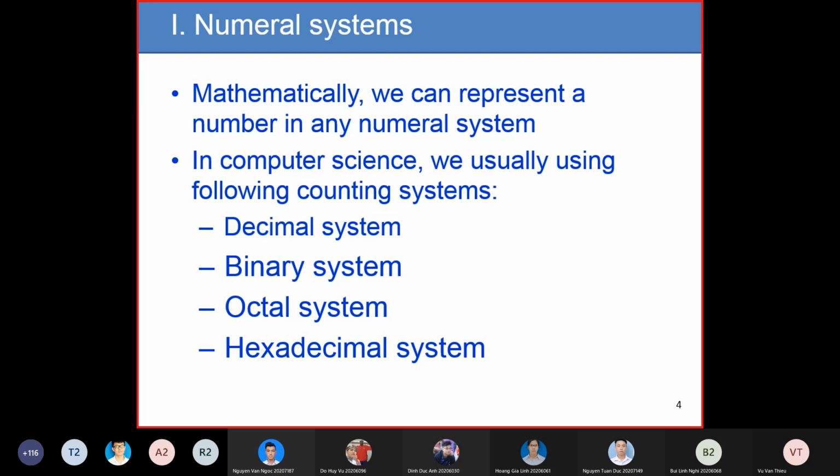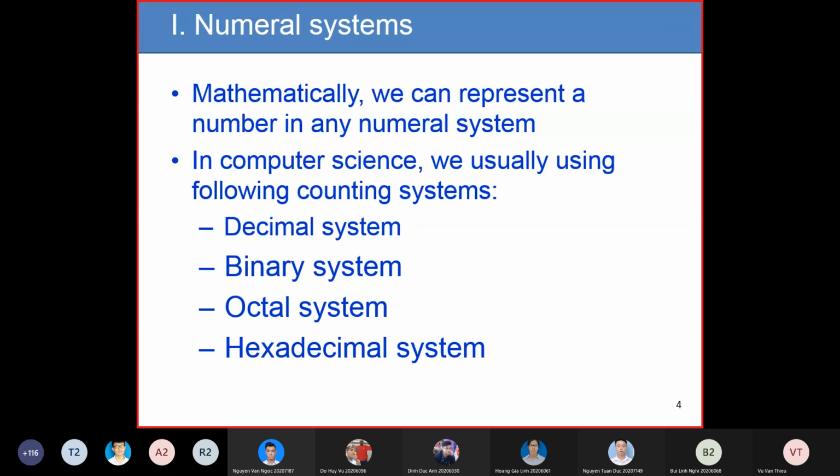In the binary system we use only 2 symbols, so the base is equal to 2. To represent a number, we need a lot of digits. So the octal system and the hexadecimal system reduce the number of digits of the binary system. That is the reason we use 4 numeral systems when studying computer science.